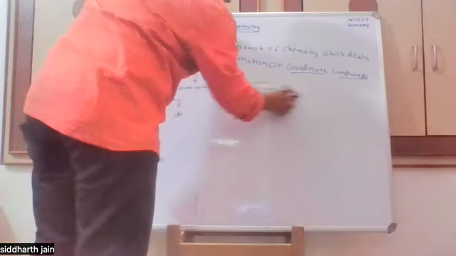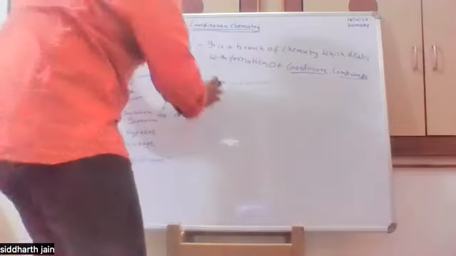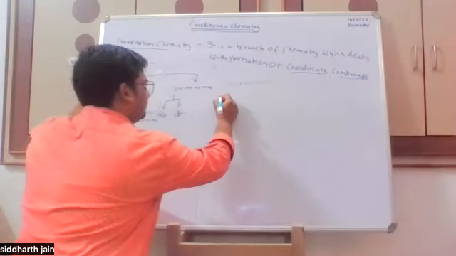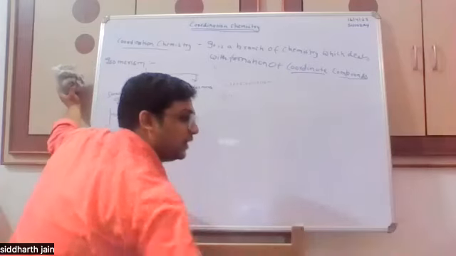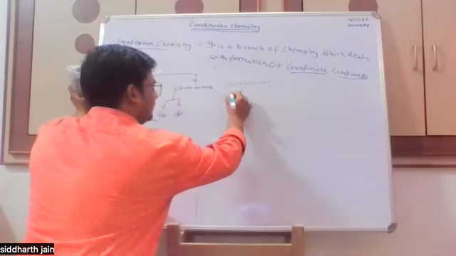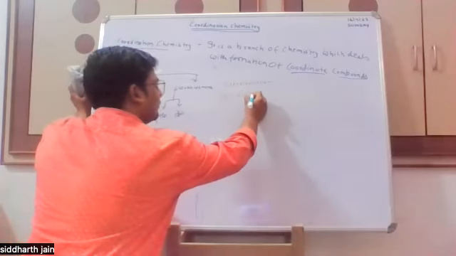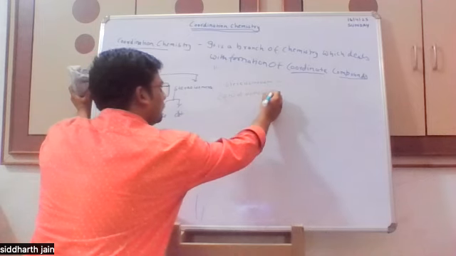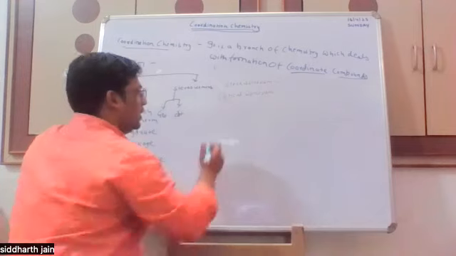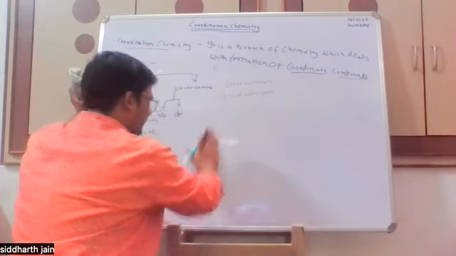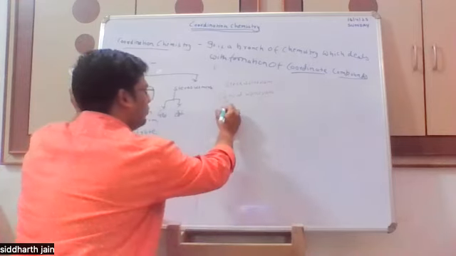Now the next isomerism is optical isomerism. In optical isomerism, we need the compound to be optically active.